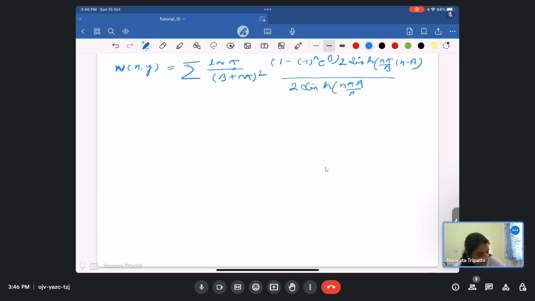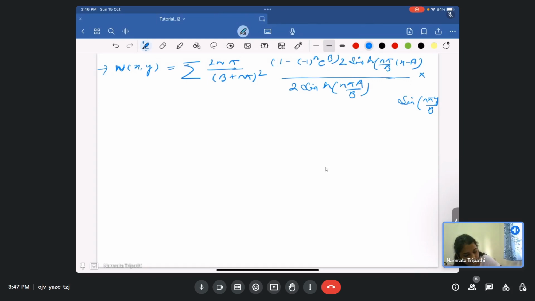This is simply calculation, you can check, into sine n pi y upon b. Fine. So this is the solution for problem 2.